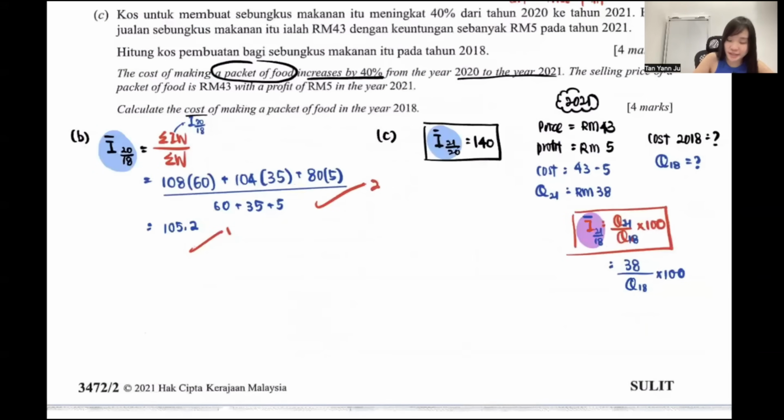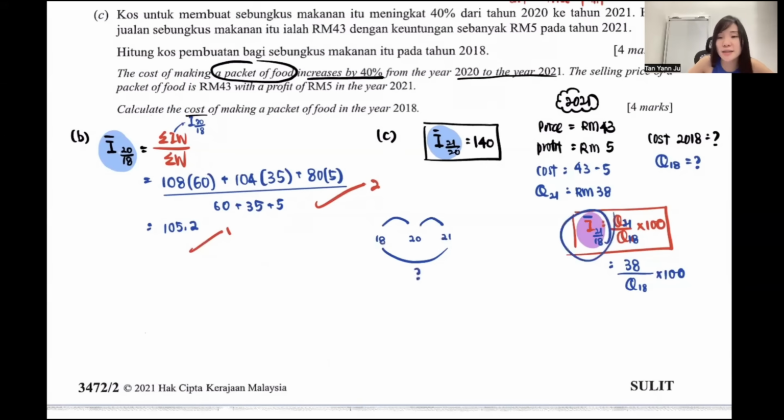Use the smiley face method. I'll draw it out for you guys when they involve 3 years. The furthest, the oldest year, we put in front, 2018, then 2020, then only 2021. So the question is actually asking me 21 over 18.